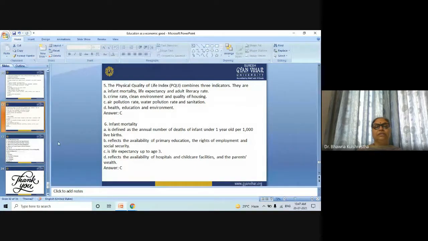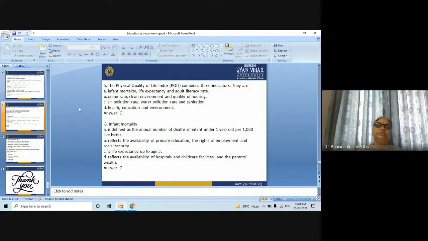And the next question is, infant mortality is defined as the annual number of deaths of infants under 1 year old per 1000 live births; reflects the availability of primary education, the rights of employment and social security, and life expectancy up to age 3; or reflects the availability of hospitals and child care facilities and the parents' wealth.